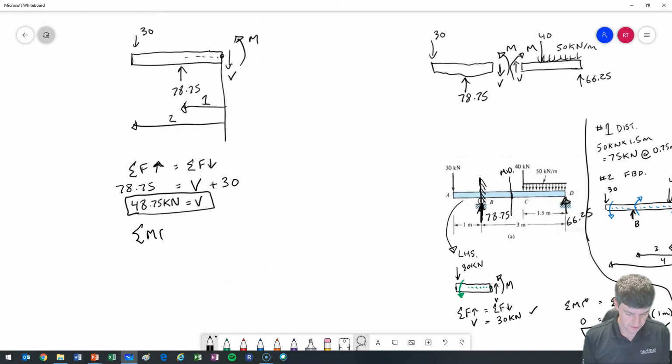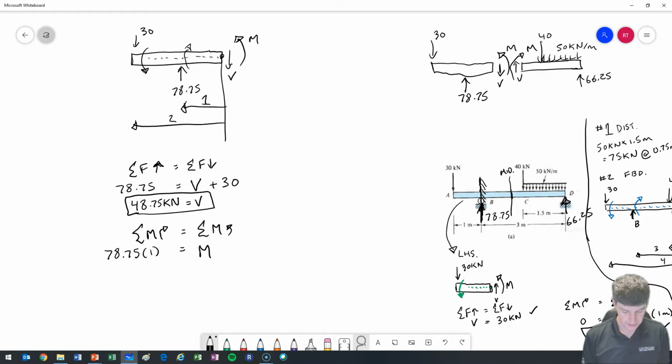Sum of moments in one direction has to equal the sum of moments in the opposite direction. Start at my point. Always start by placing an M. So M is going counterclockwise. Come across. I have this guy going the opposite direction. 78.75 at 1. And then make my way to the end.